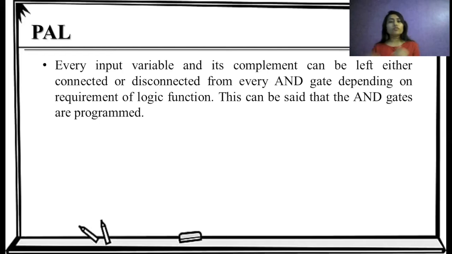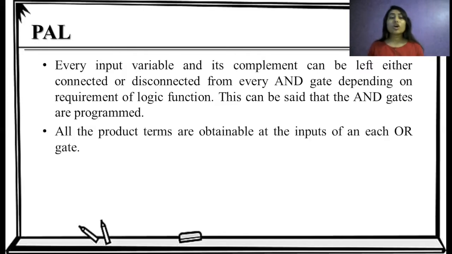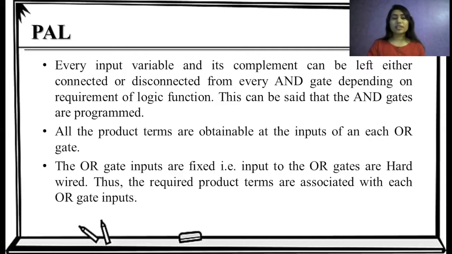So depending on the requirement of a logic function, if we make cross connections, that means we connect that input to the AND gate, so we have programmed the AND gates according to our requirement. All the product terms are available at the input of each OR gate.